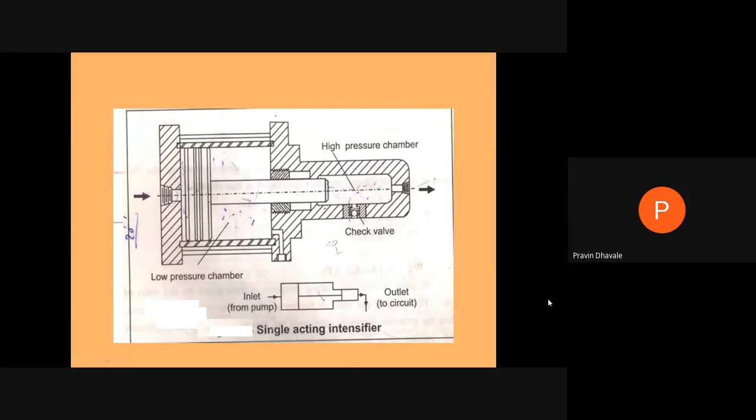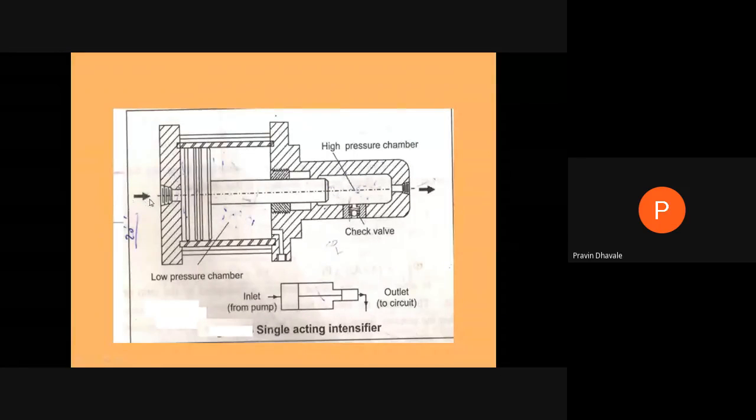See, there are 2 to 3 types of intensifier: single acting, double acting, right? These are the types of the intensifier. This is a single acting type intensifier, where this is the piston, and this is a cylinder which has a very large area, and this chamber is called the low pressure chamber.